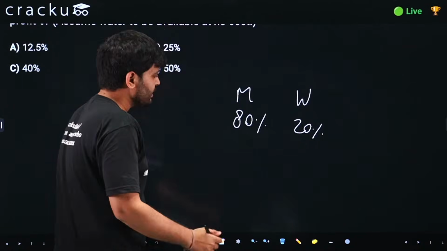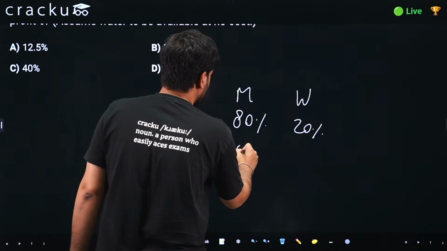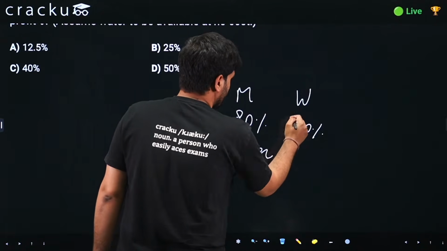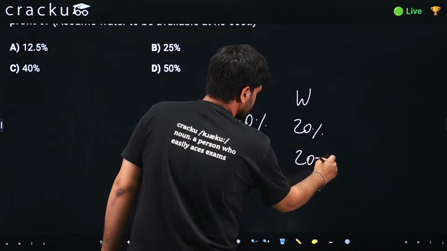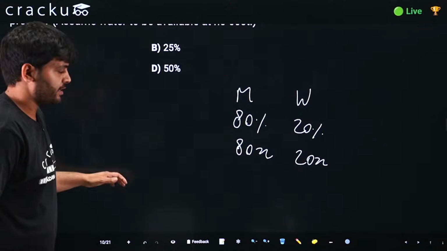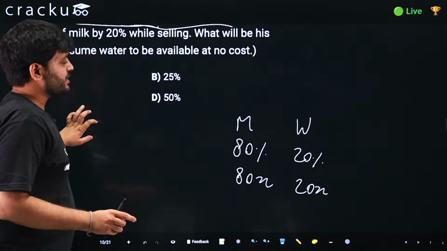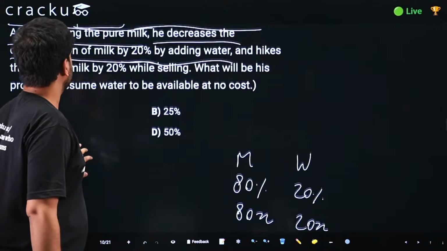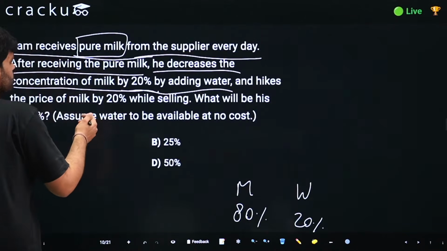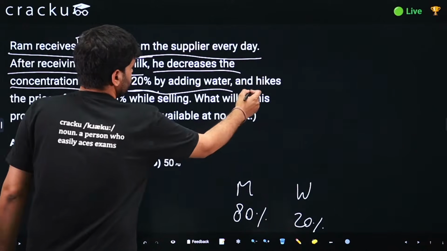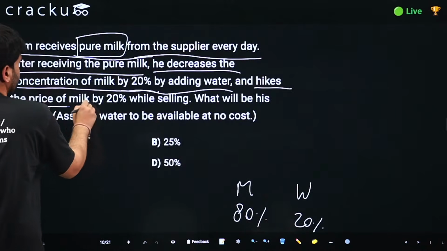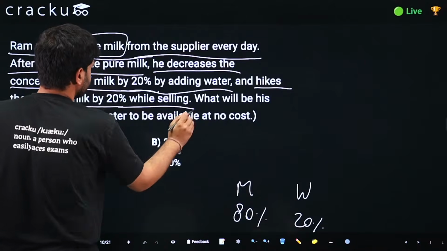So can we basically write that milk would be 80x, water would be 20x. Now x can be any number here. It depends on the total capacity of the container or total volume we have. And then he hikes the price of milk by 20% while selling.